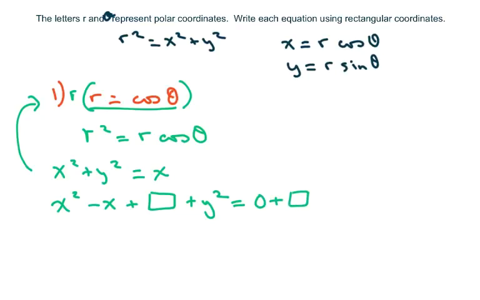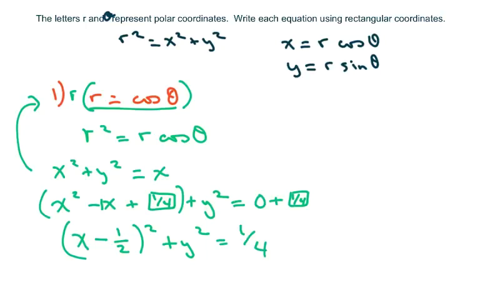Half of 1 is 1/2, and you square it, you get 1/4. So I'm going to put 1/4 on each side here. And then I have this perfect square trinomial, which is x minus 1/2 of 1 is 1/2, so x minus 1/2 squared plus y squared equals 1/4. And that is your equation.